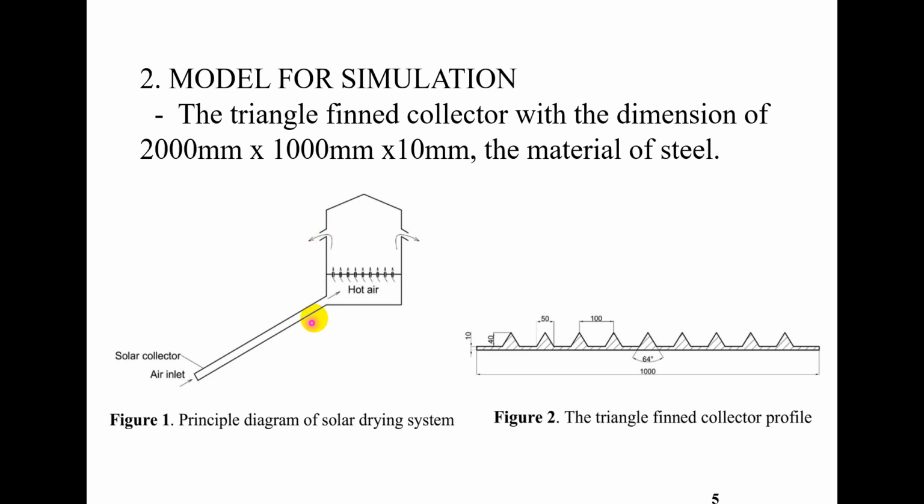In this simulation, we only simulate the solar collector, and this is the figure of the collector. You can see the thickness of the collector is 10 millimeter, and this is a triangle profile.